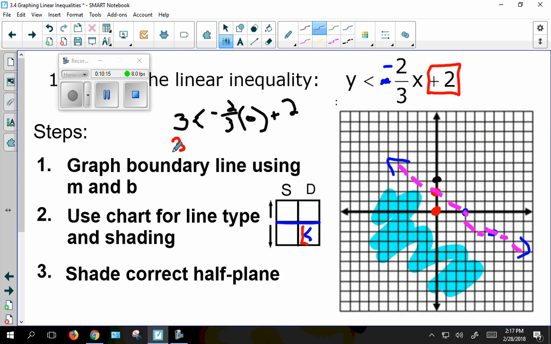So according to this, negative 2/3 times 0 is 0, plus 2 is 2. Is the monster eating the bigger number? No. Why? Because this dot right here is not in the shaded region. That means it is not a solution.